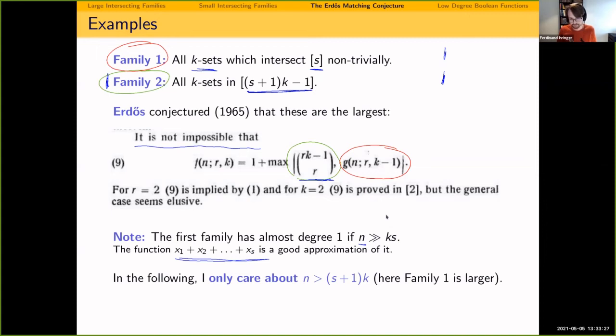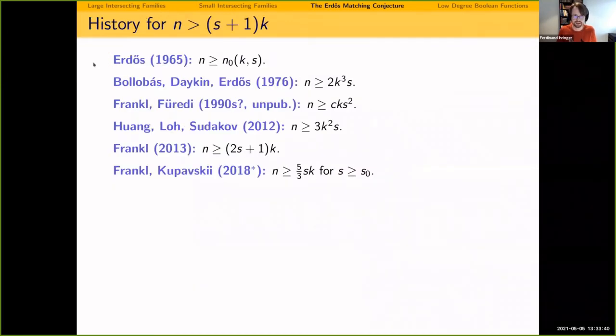And I only care here about the case where n is relatively large, so that the first family is always larger. And that problem was around for a long time, and over many decades, the bounds were improved further and further. Erdős originally did show that his conjecture is true starting at some constant depending on k and s.